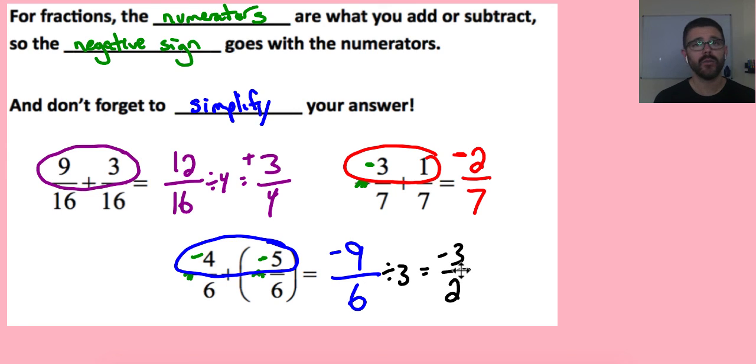And then that's still an improper fraction, so I'm going to make it into a mixed number. That negative is just going to go with the whole thing. The whole fraction is negative, whether it's an improper fraction or mixed number. 3/2, 2 goes into 3 one time with 1 left over. So our answer is negative 3/2 or negative 1 1/2. That negative goes with both the whole number and the fraction.